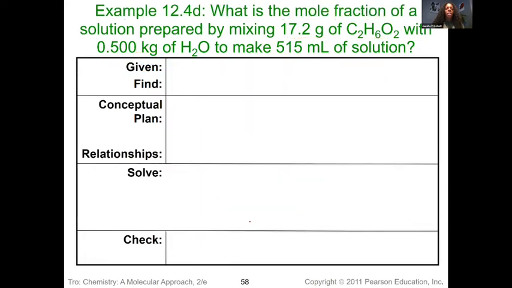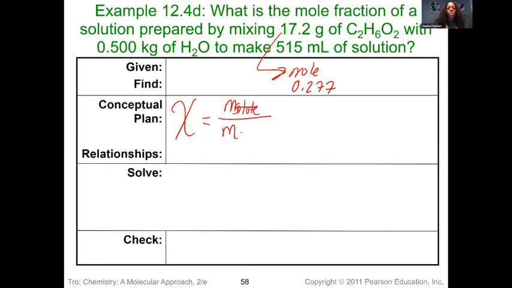And then this one is asking us, well, what's the mole fraction of the solution prepared under those same terms? Again, we already know the moles of this from the previous problem. That was 0.277. Now, mole fraction, we know is the moles of the solute compared to the total moles.